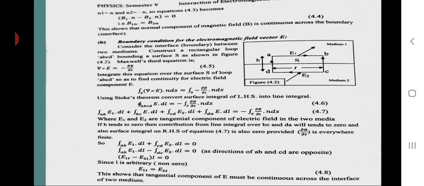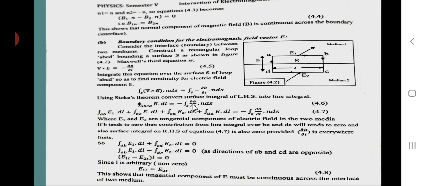If S tends to 0, then the contribution from the line integrals over BC and DA will tend to 0. And also the surface integral on the RHS of the equation is also 0, provided dB by dt is everywhere finite.